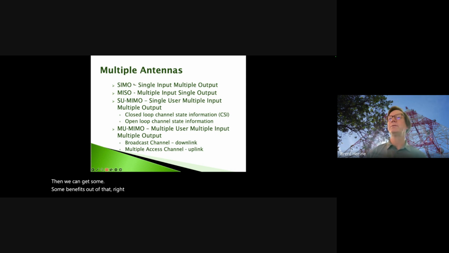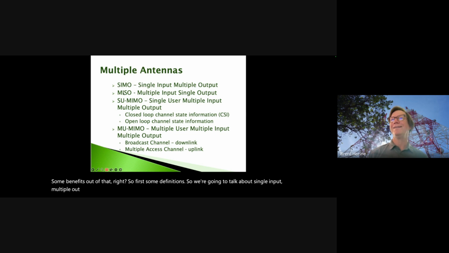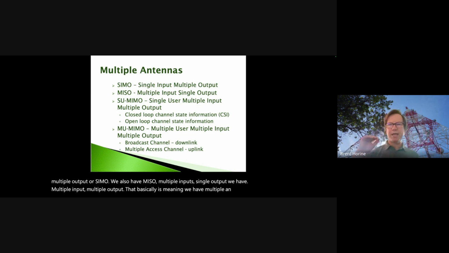So first, some definitions. We're going to talk about single input, multiple output, or SIMO. We also have MISO, multiple input, single output. We have multiple input, multiple output. That basically means we have multiple antennas at the transmitter and multiple antennas at the receiver.